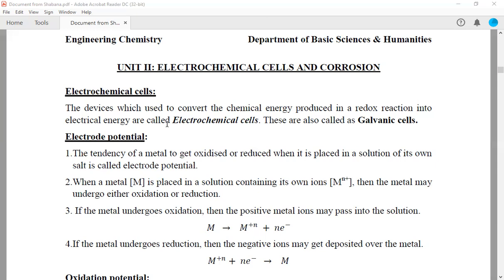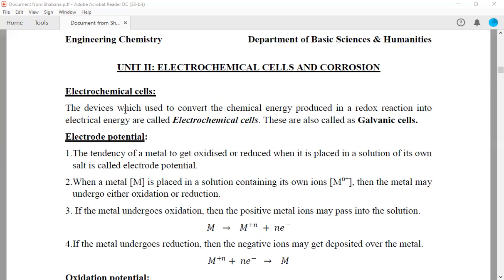I am just giving the introductory part. In the electrochemical cell, a salt bridge or porous pot is required for conduction, whereas in the electrolytic cell, a salt bridge or porous pot is not required.